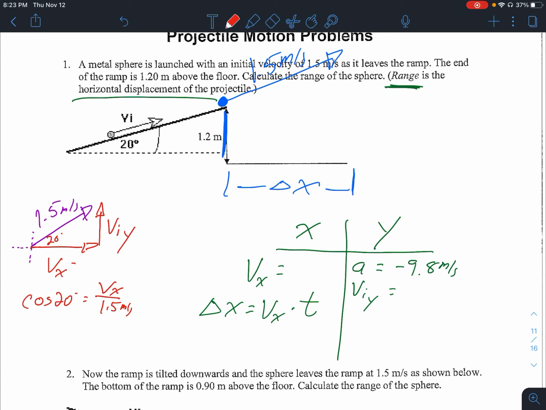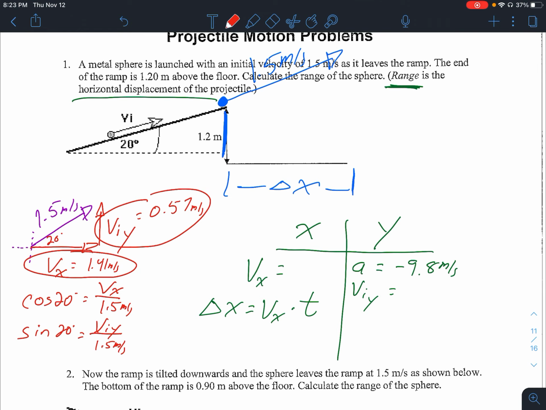If I plug that in, I get 1.41 meters per second, and that's positive. To get my other component, sine 20 is going to be my Viy, and that's going to be this. Sorry, I should have color coded this better. I need to make sure that I use these velocities in the appropriate spots.